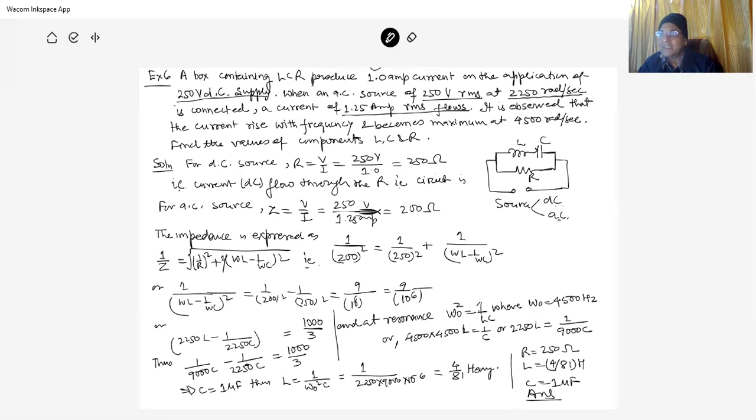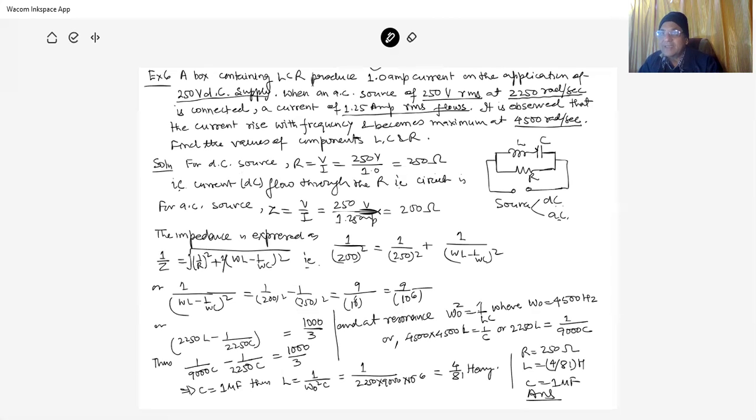Means on DC it is 1 ampere current, on AC it is 1.25 ampere. It is observed that the current rises with frequency and becomes maximum at 4500 radian per second. So find the value of the components L, C and R.